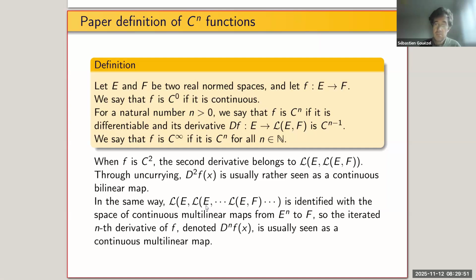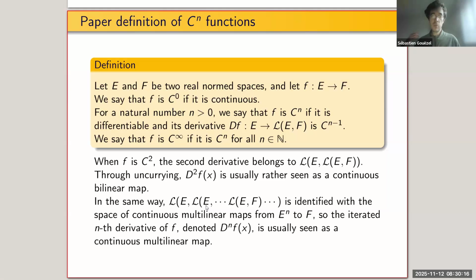But this space can be naturally identified with a space of continuous n-multilinear maps from E^n to F. And so the iterated nth derivative is usually seen as a continuous multilinear map. And that's what we do all the time when we use them on paper. And spoiler, when you formalize things, you will have to be careful about this.